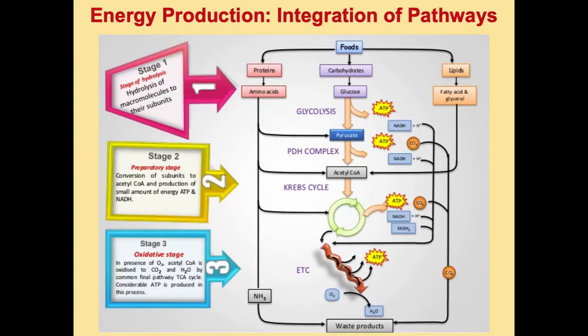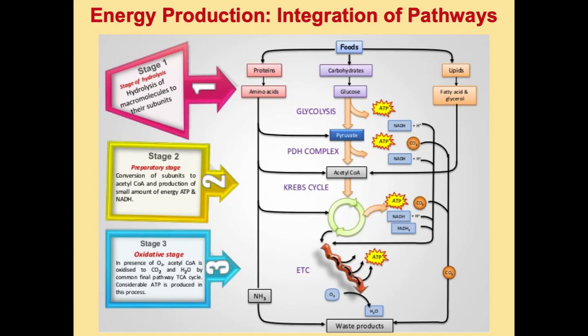So just to give an overview of how these energy production pathways integrate, we have a nice simple diagram here where at the top we have glycolysis. From the breakdown of your food we get carbohydrates and glucose. Glucose is then broken down, releasing a small amount of energy in the form of ATP and NADH to produce pyruvate.